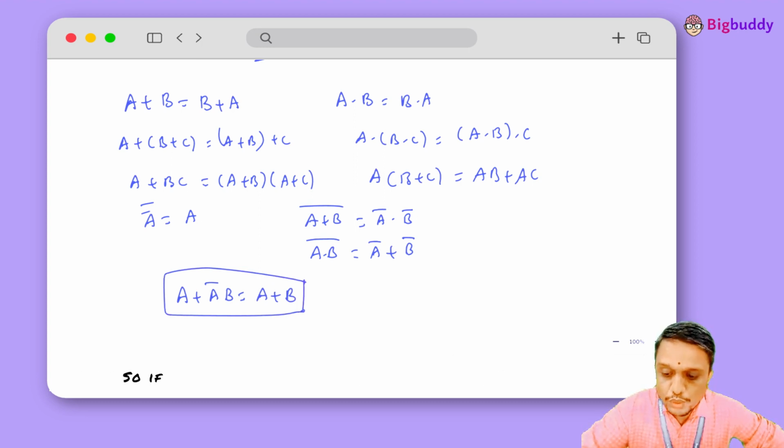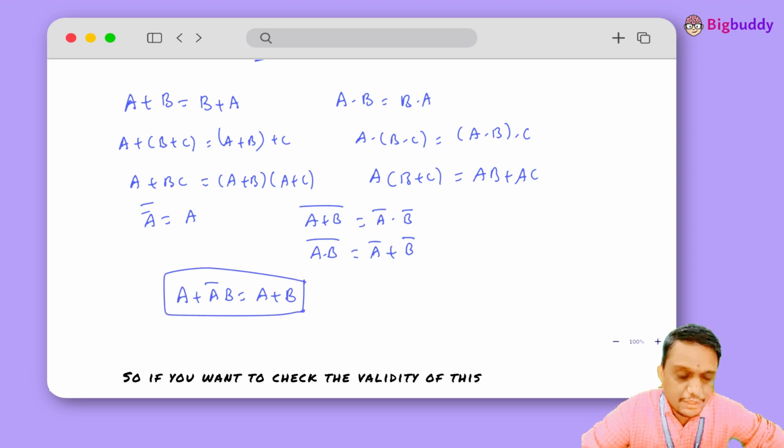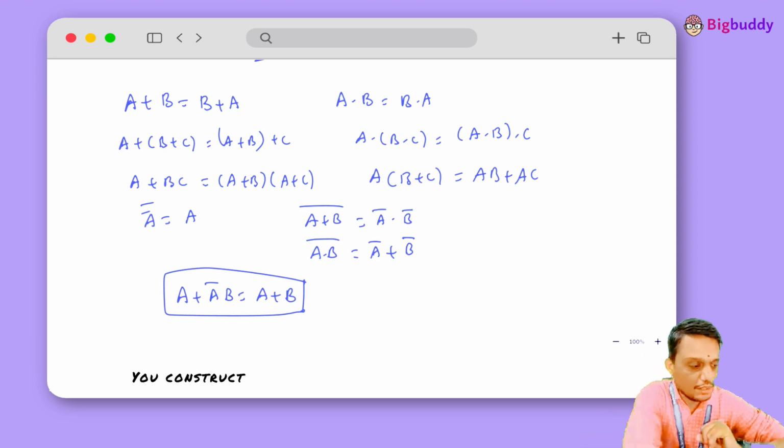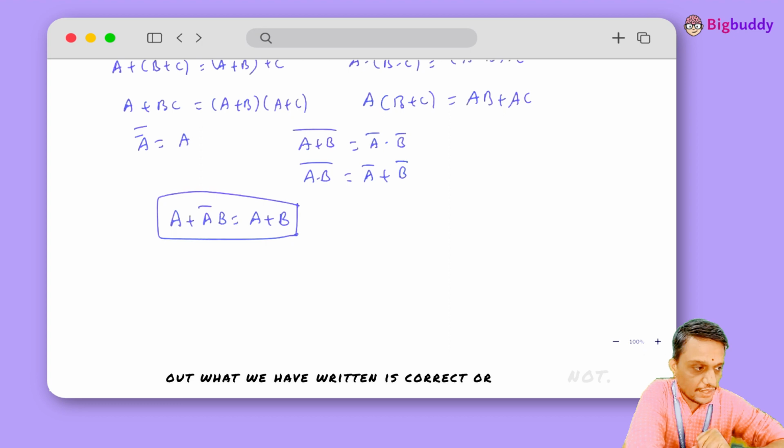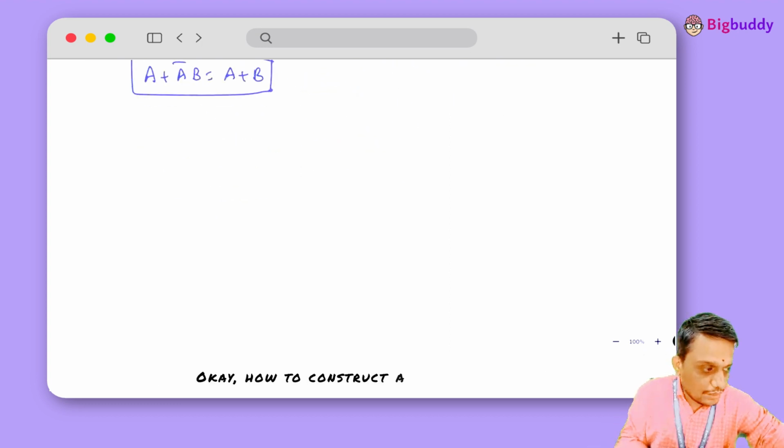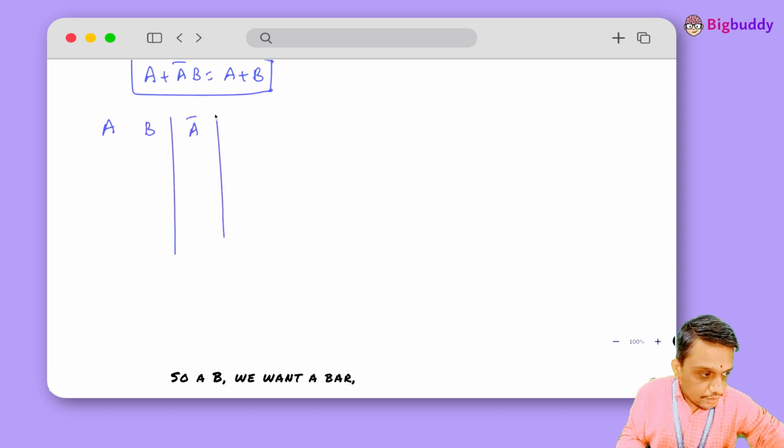Okay. So if you want to check the validity of this particular statement, what you do is you construct a truth table. You construct a truth table and you can easily figure out what we have written is correct or not. How to construct a truth table? So A, B, okay, we want A bar.